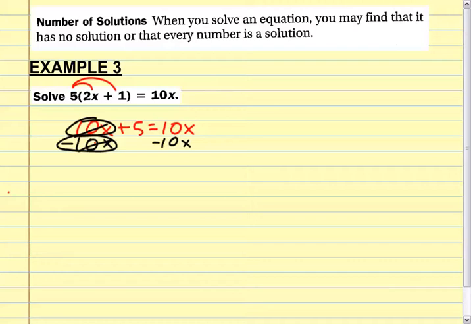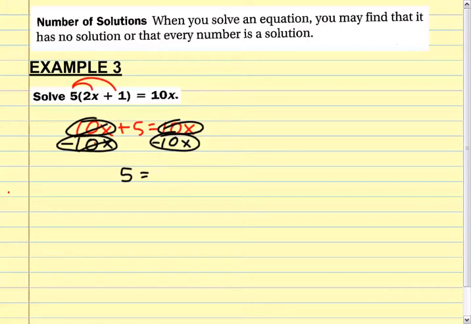Is 10x minus 10x equal to x? No. A number minus itself, it'd just be 0, right? So I get 5 here. What happens to those two, Truman? They cancel out. And what am I left with? Not x, you said they canceled out.